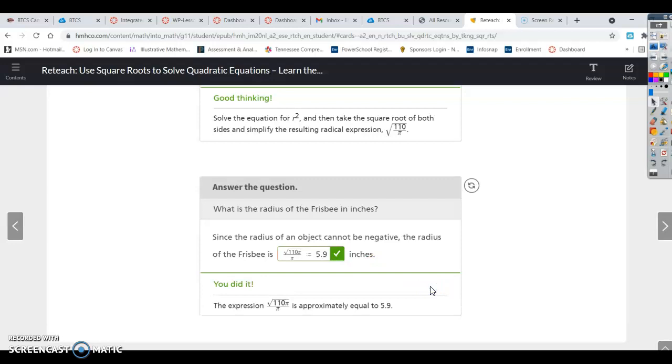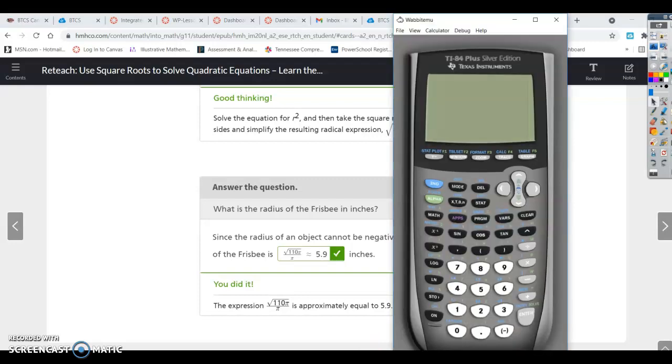which is about 5.9. And you can plug this in your calculator and see as well. Let me see if I can find my calculator again. All right, so if you do the square root, so we're going to do square root of 110, and then pi is right here, and then hit enter, and then divide that answer by pi.